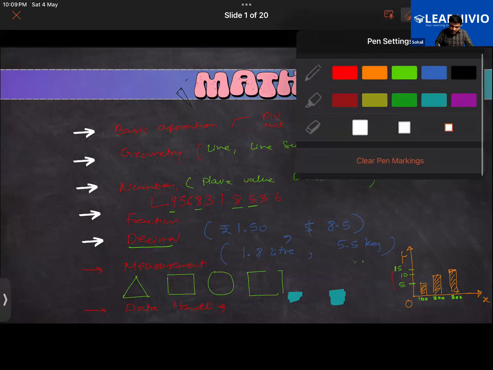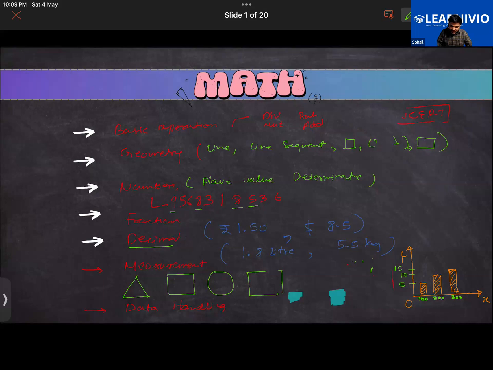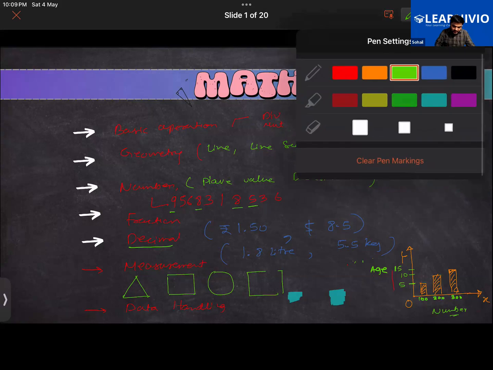For example, if I want to ask you how many students are having the age 15, that is 300. This corresponds to this value here. How many children belong to this age of 5? 100. So that is the thing that we study in the chapter data handling.